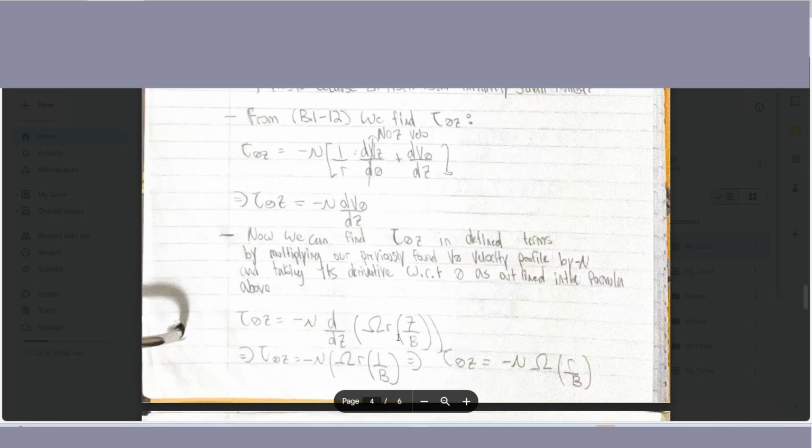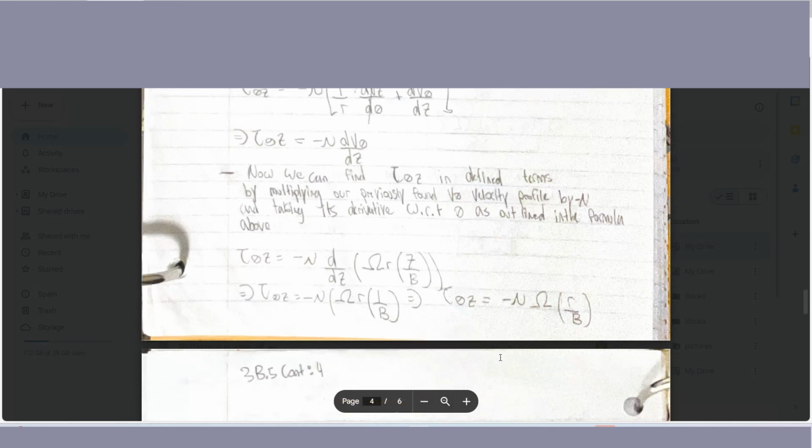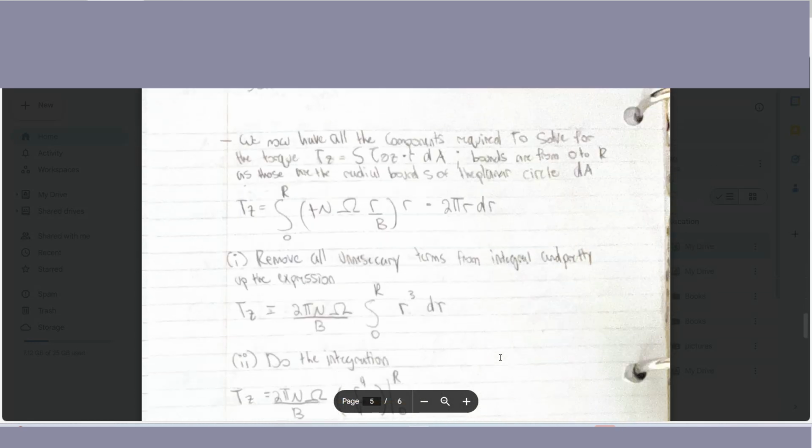There's one z in here, so you just take the derivative of z, which is just 1. So that makes sense. Now we have all the components required to solve for the torque. T z equals this, basically. The bounds are from 0 to r, as those are the bounds of the radius of a circle. And now we're just going to do the integral.